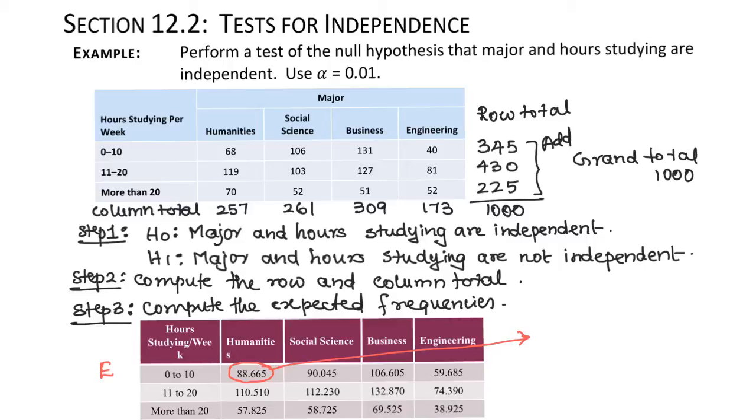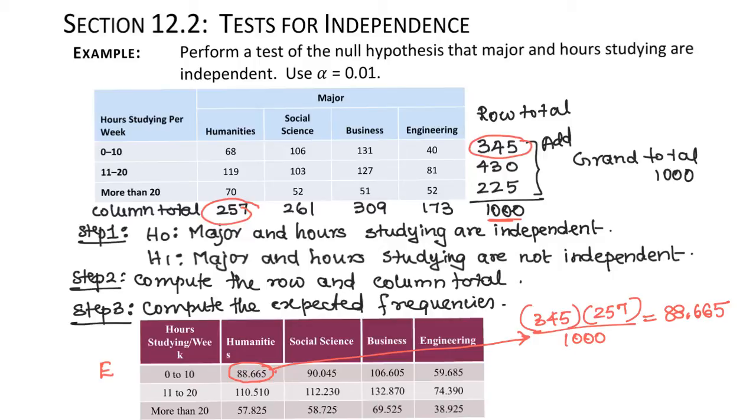Expected frequency is row total times the column total divided by the grand total. So 345 times 257 divided by 1000. So we'll get 88.665.